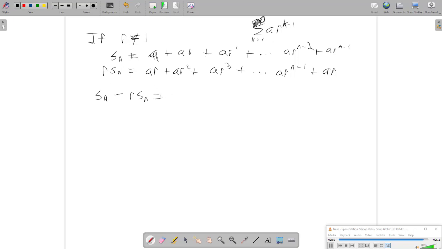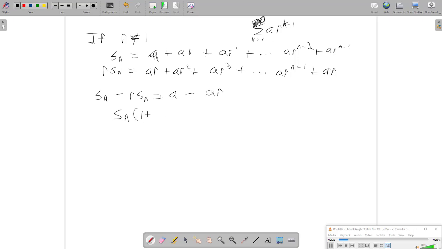Turns out it's not even less than 1. I forgot, this proof actually works for anything but 1, so it also allows for greater than 1. Let's see. ar minus ar, ar squared, ar cubed are going to go away. The only thing still there is a, and then this ar to the n. So a minus ar to the n.